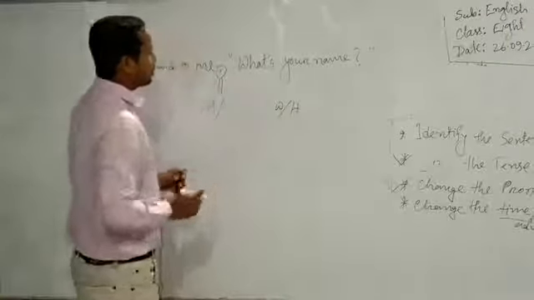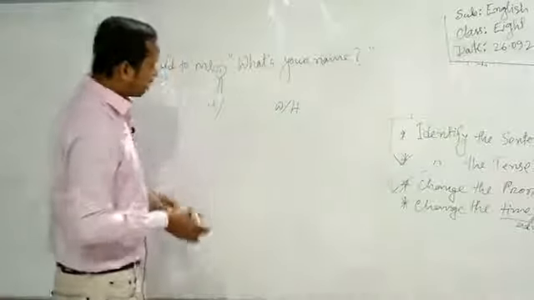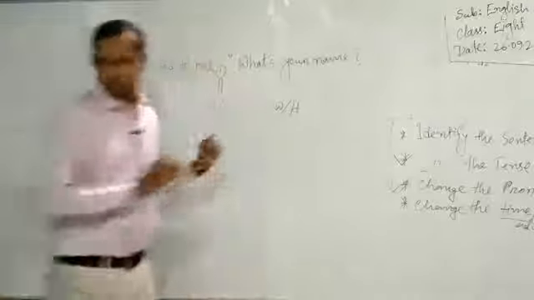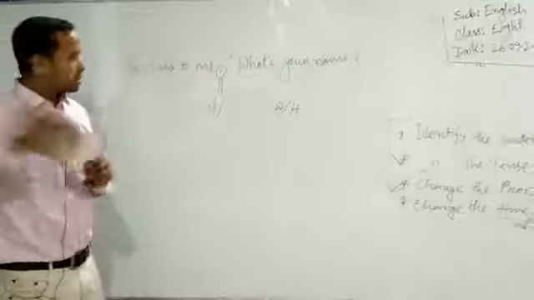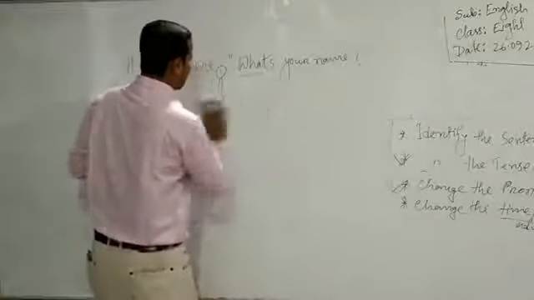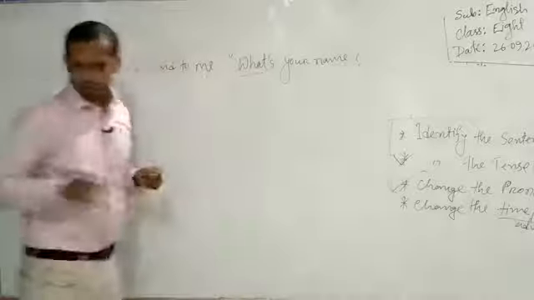But if in an interrogative sentence you have a WH word, then you must use the WH. There will be no chance. So in this sentence I have what. This is a WH, that is why I will not change anything and use that form.